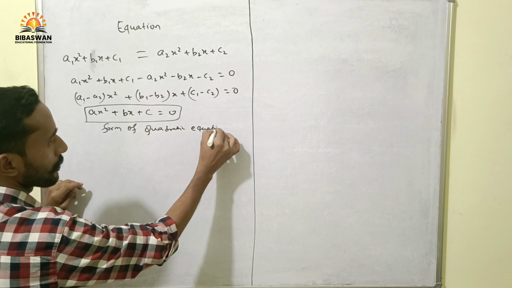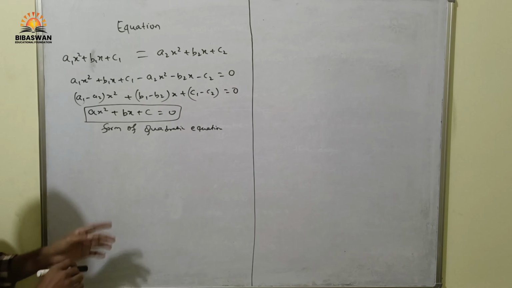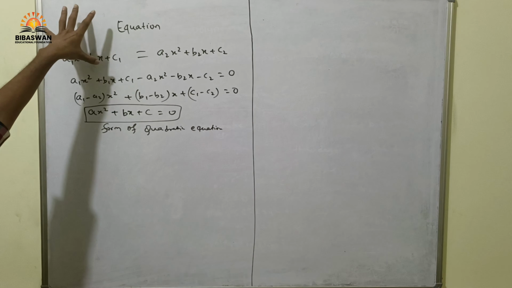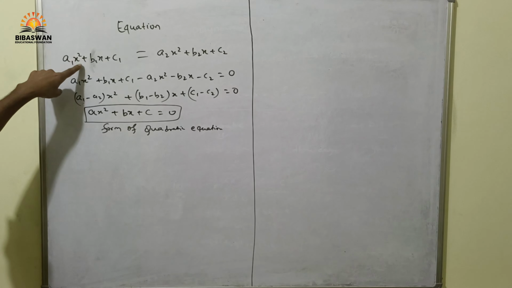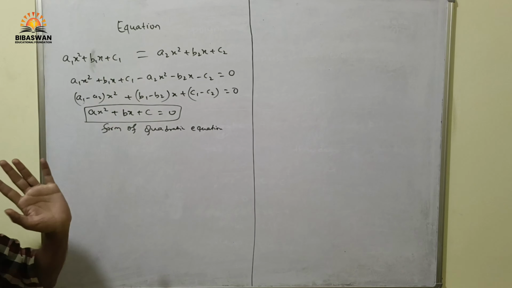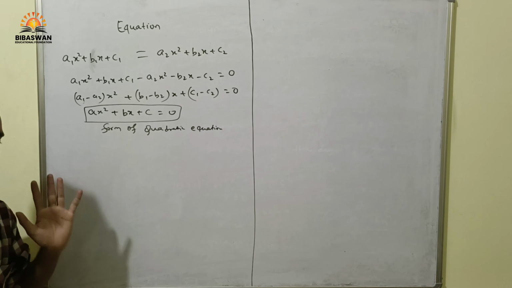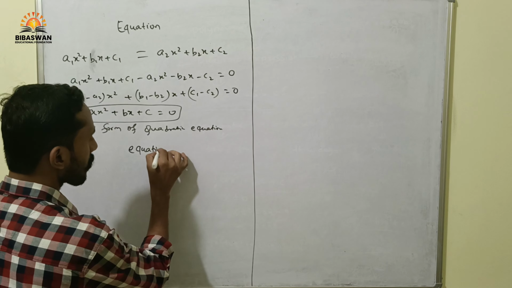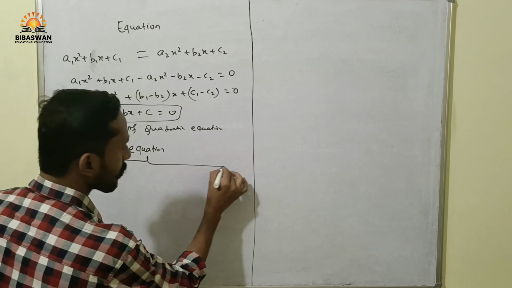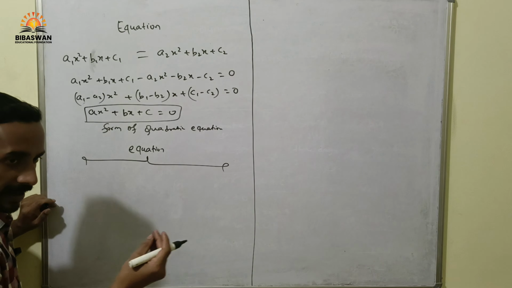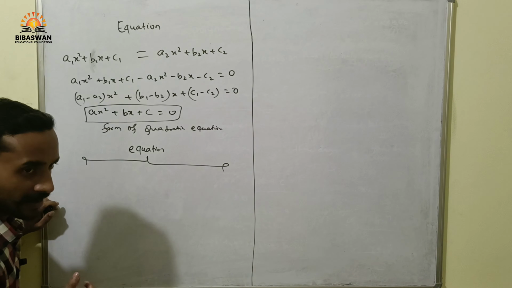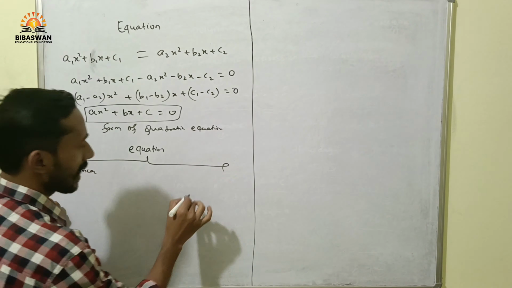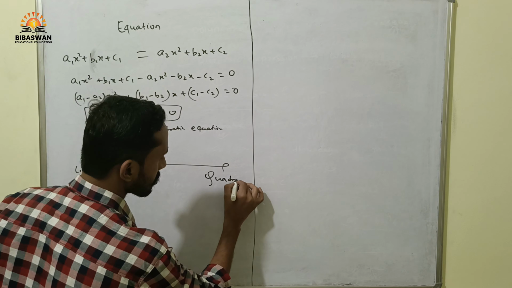Understood? Any problem there? ax square plus bx plus c equals 0 is nothing but the form of the equation, derived from two statements connected with an equal sign. So if we talk about equations, we have to talk about two equations in detail, on the basis of our examination perspective: linear equation and quadratic equation.